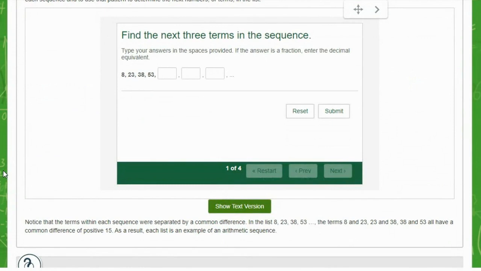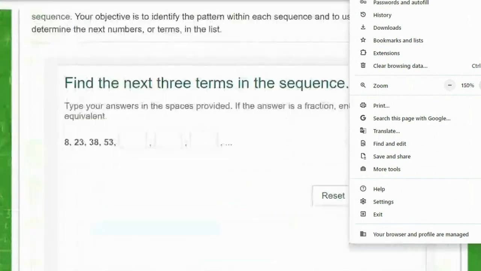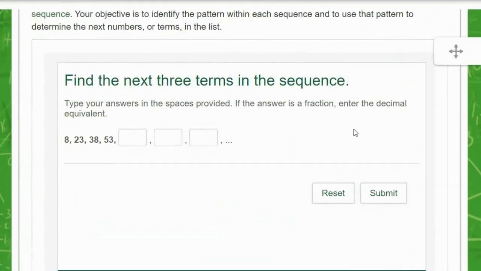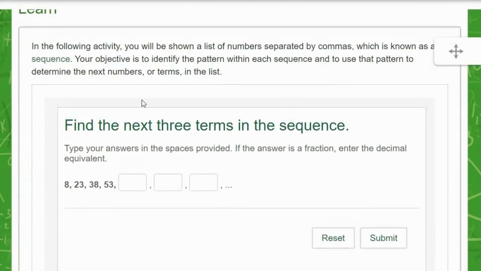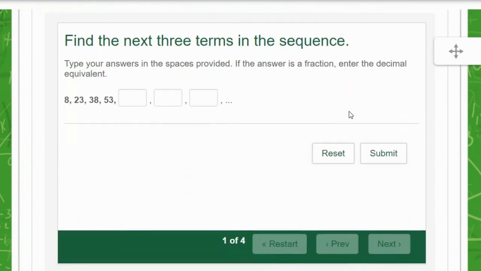I'm going to make sure I have the chat open so I can see it. Okay, got the chat open so you can participate. I'll make this a little larger to make it easier to see on the screen. We're going to be showing a list of numbers separated by commas. This is a sequence, and we have to fill in the blank.